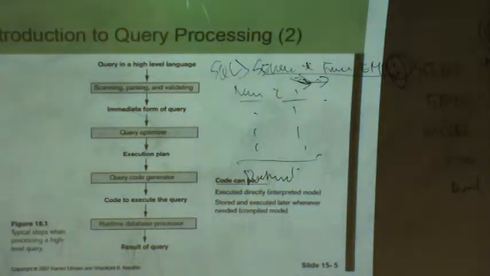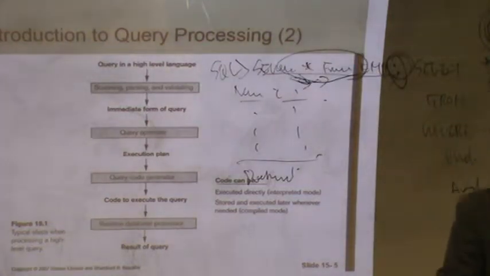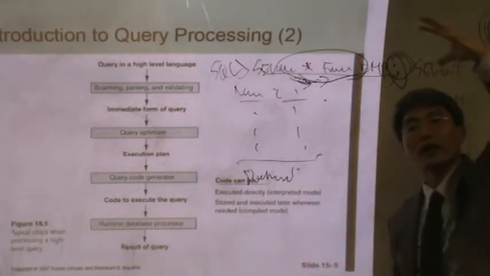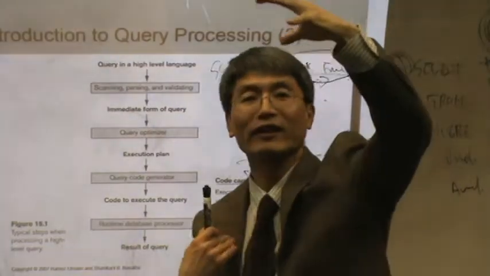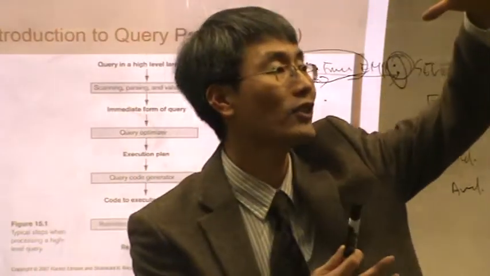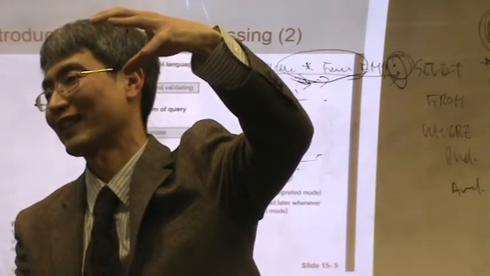So what's going on? First, this one should be compiled, because SQL is a high-level language, which means it's close to human beings, like me, like you. Unfortunately, such a high-level language is not close to the computer, the DBMS.